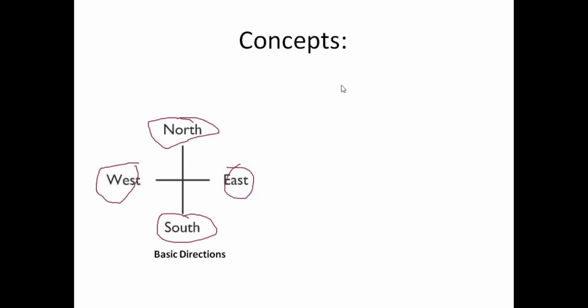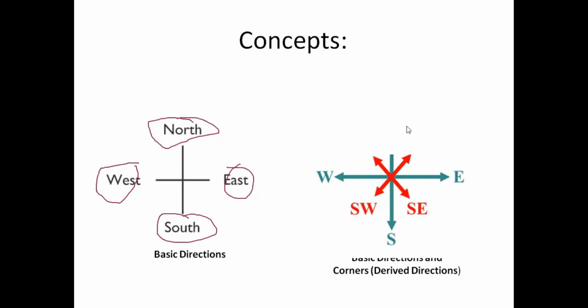What are those derived directions? They are northeast, southeast, northwest and southwest. We can also call them corners. Between north and east it is northeast, between south and east southeast, between south and west southwest, and between north and west it is northwest.